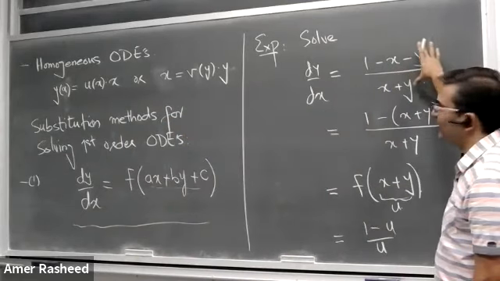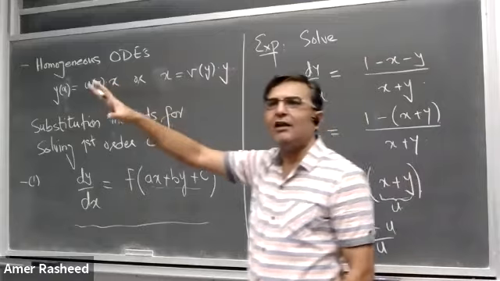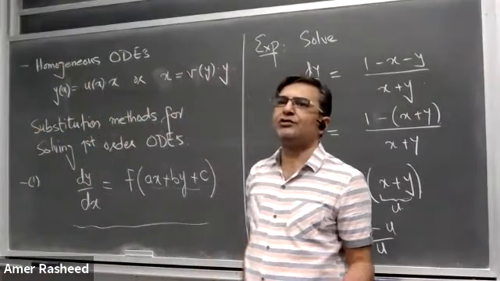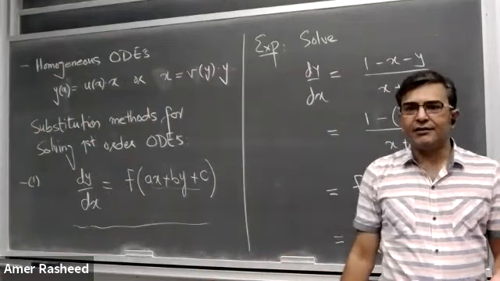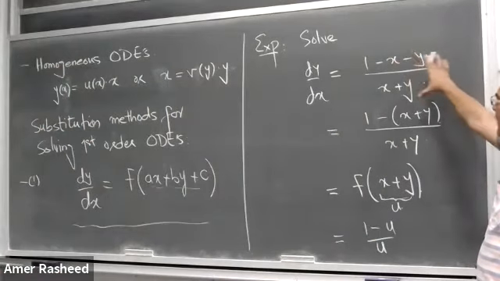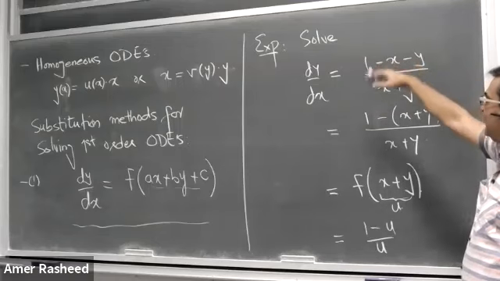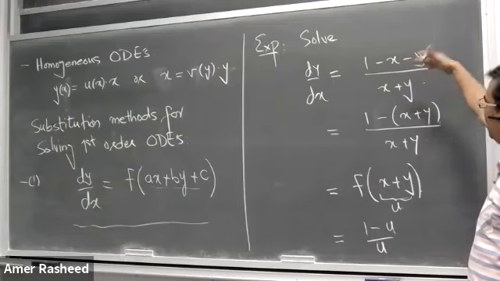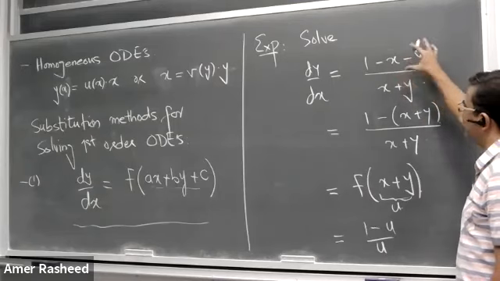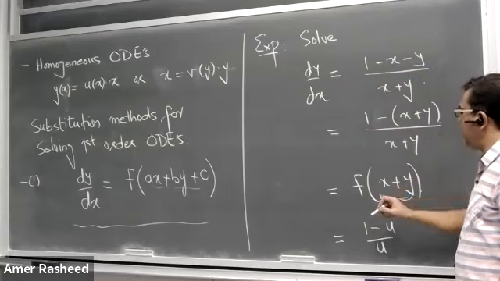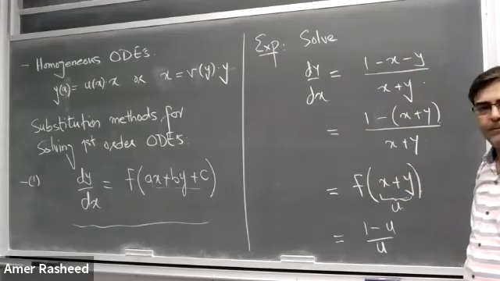We cannot solve this differential equation directly by separation of variables, or by using an integrating factor. But we can see that the right-hand side function contains x plus y, so the whole function is a function of x plus y.